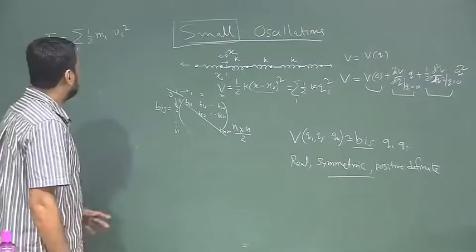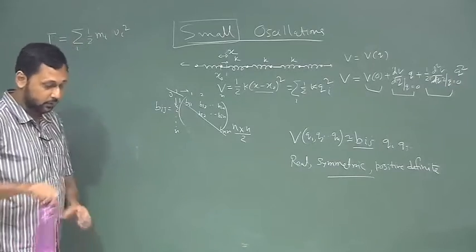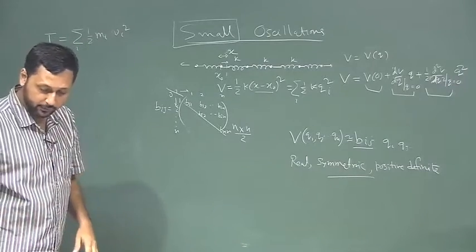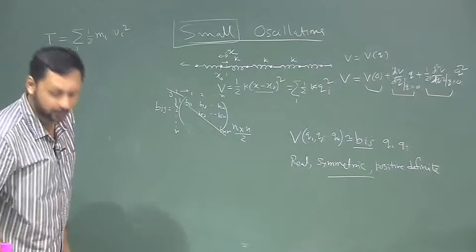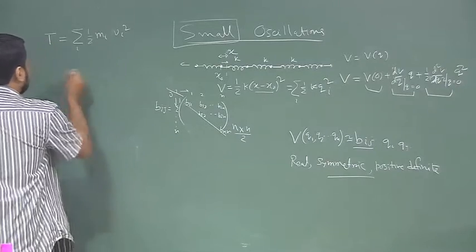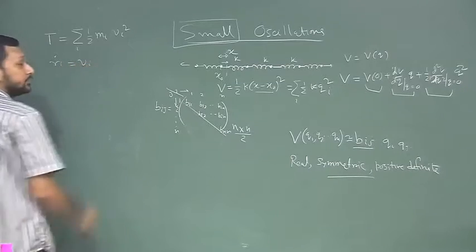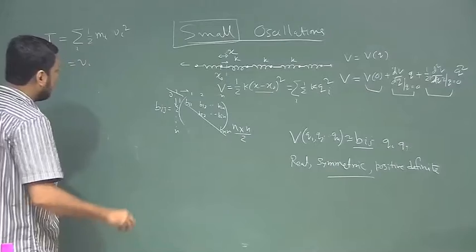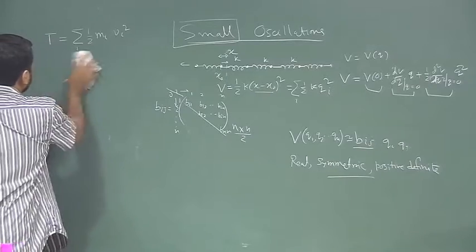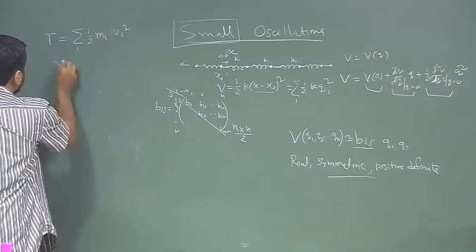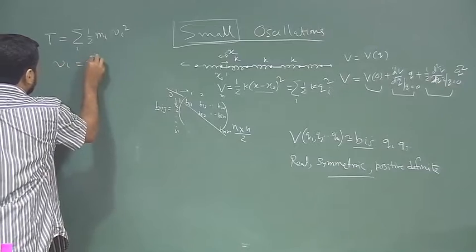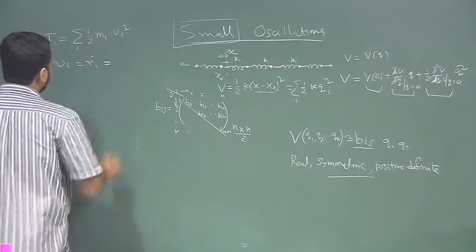Because please remember, when we wrote this, v_i was the velocity derived in the Cartesian coordinate system. Okay. So, v_i is r_i dot, right. Now, what is r_i dot?